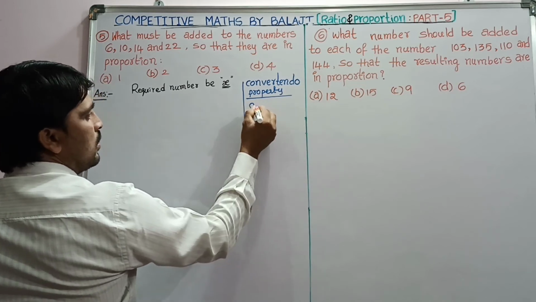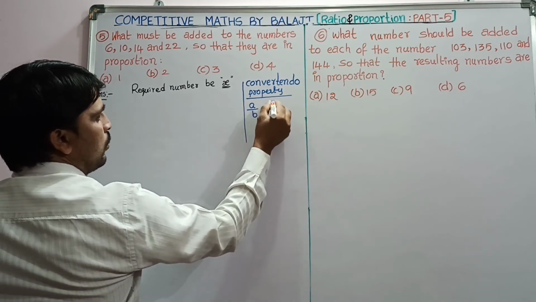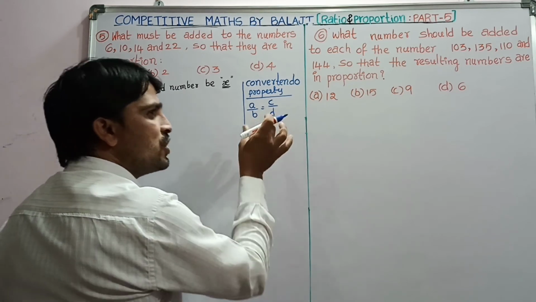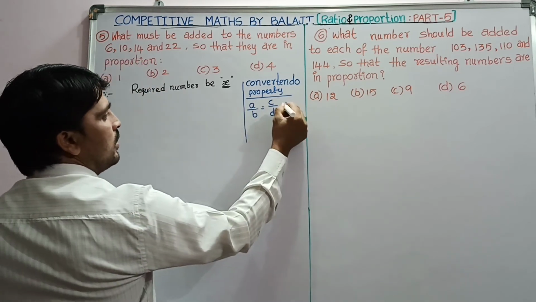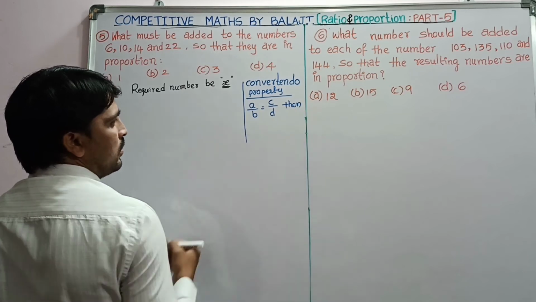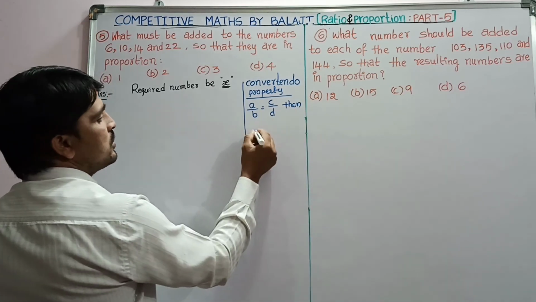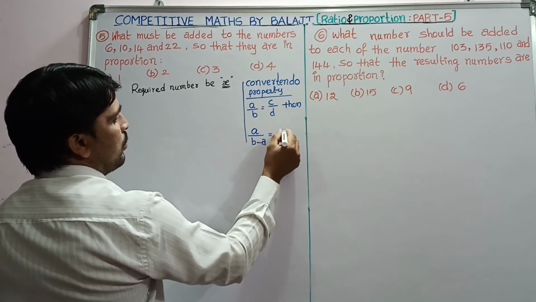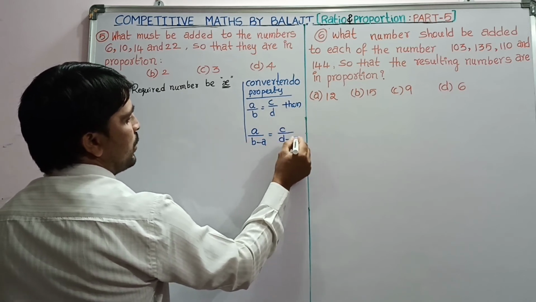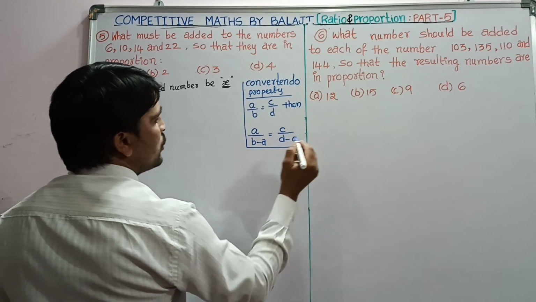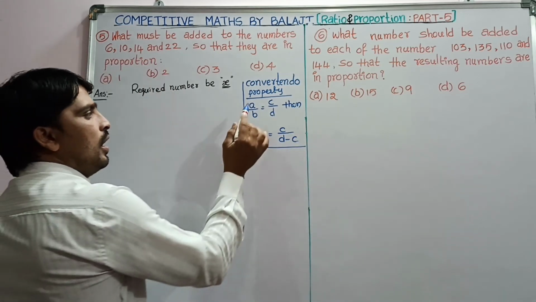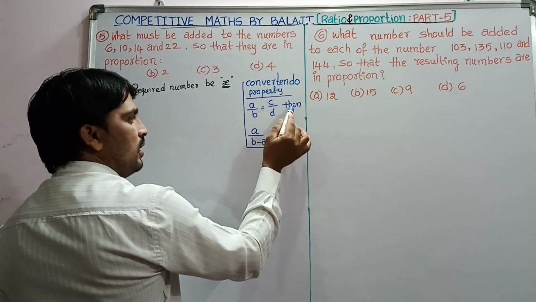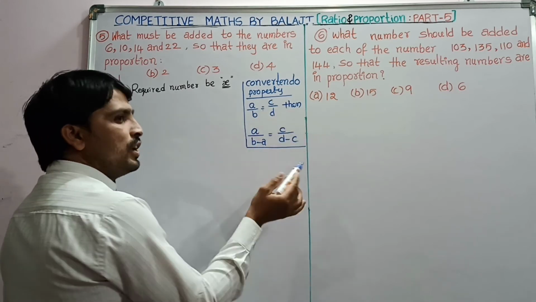If A by B equals C by D, that means A is to B as C is to D, they are in proportion, then the following operation is also in proportion: A by B minus A equals C by D minus C. Simply, this can be read as: A is to B as C is to D, then this operation is also in proportion.